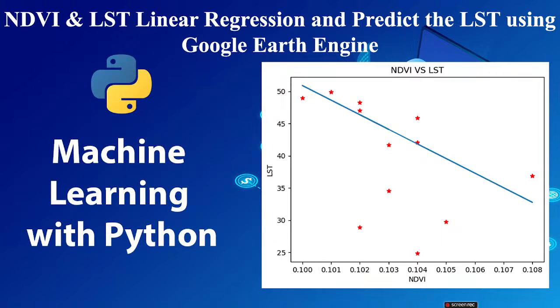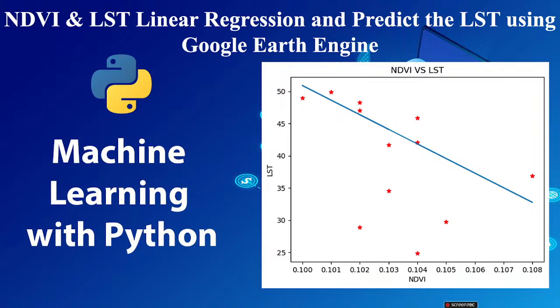Today I will try to discuss a very important topic for linear regression, and I also try to show you how you can easily make the linear regression between NDVI, meaning normalized difference vegetation index, and land surface temperature, and also predict the land surface temperature based on NDVI.